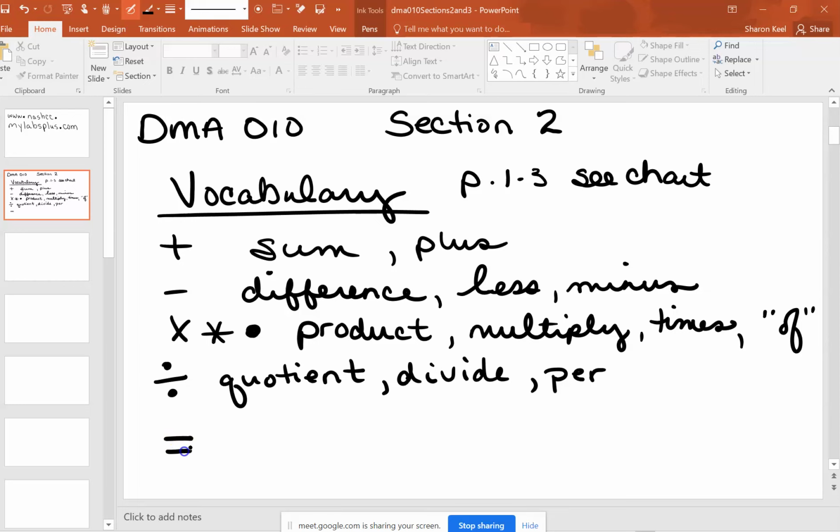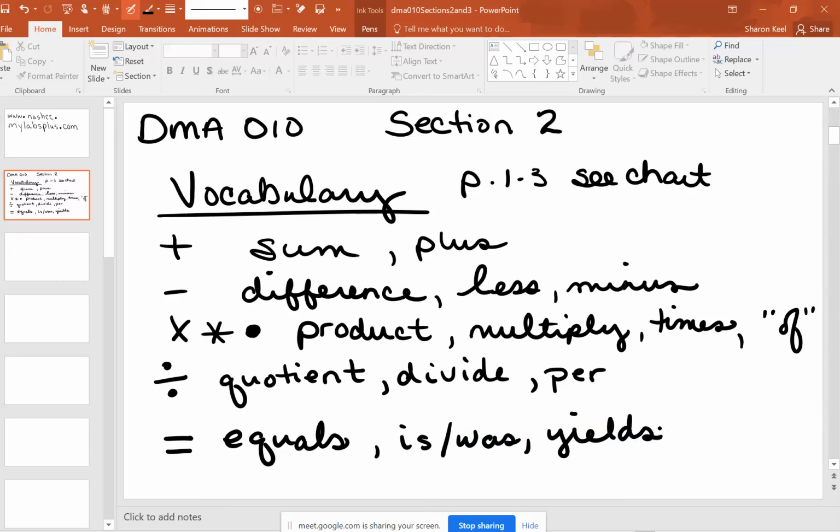And then this symbol that you see here would be equals. Equals is equal to, you may see the word is or was, you may see the word yields. So this is some of the vocabulary that you'll need to be sure that you are making yourself familiar with.